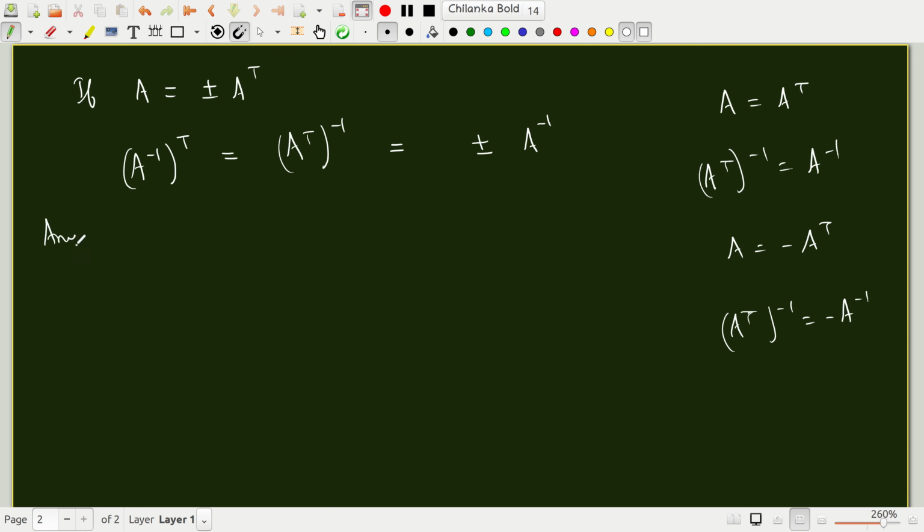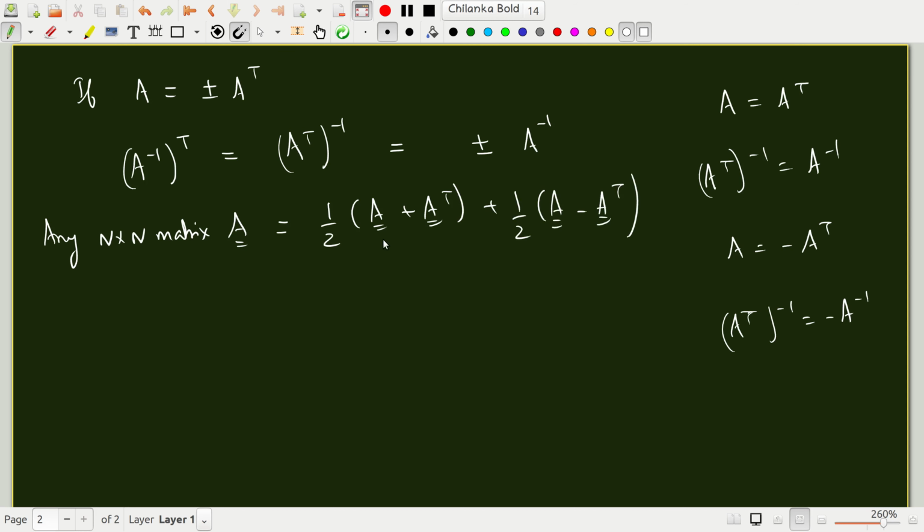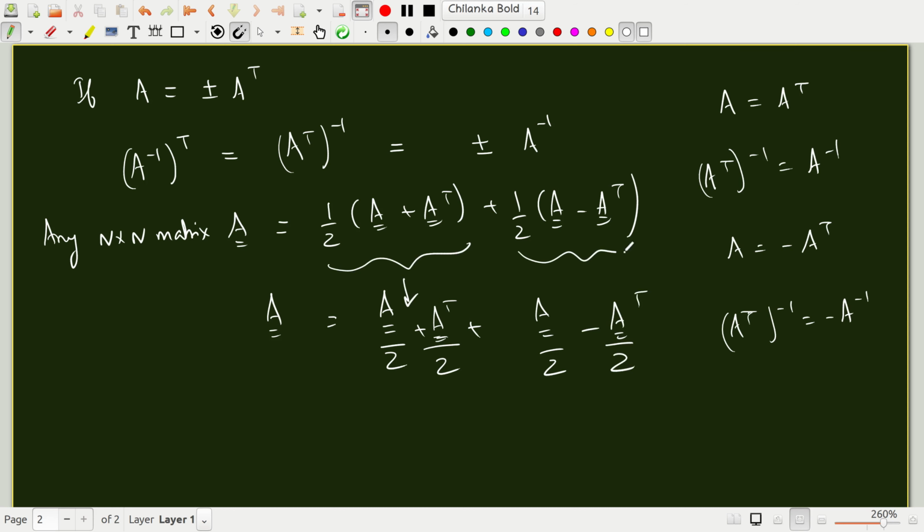Also, any n by n square matrix which is neither symmetric nor antisymmetric can be readily written as a sum of a symmetric part plus an antisymmetric part. Suppose I write A as A by 2 plus A by 2, and then I add A transpose by 2 here, and then subtract the same here, and this part is this and this part is this.